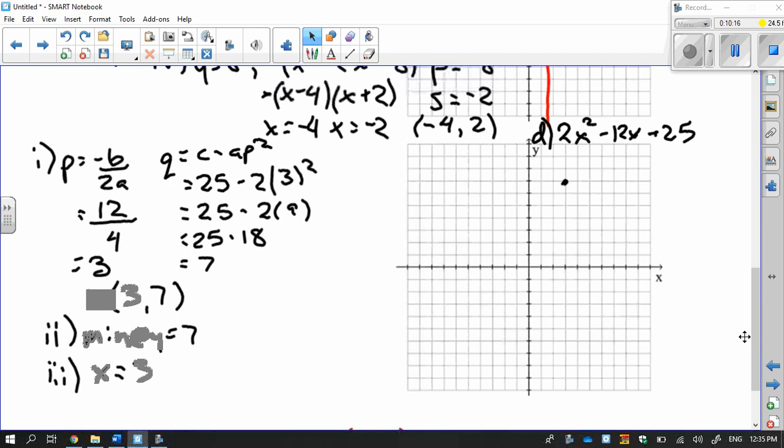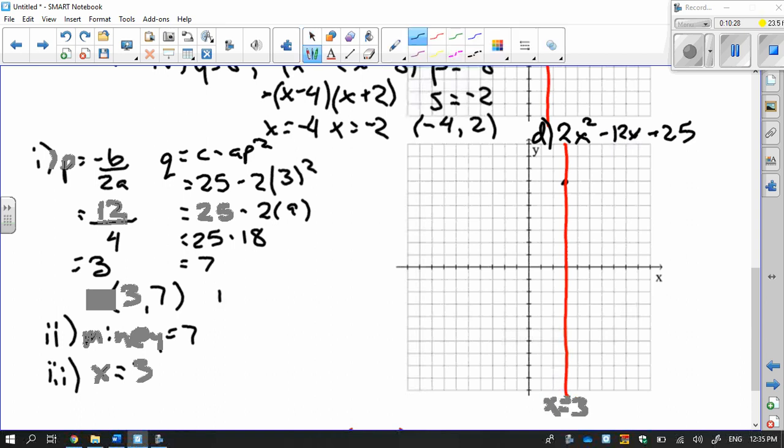Number 4, our y-intercept is 25. Now that's not super useful for what we're doing right now. We have no x-intercepts. So what we should do is a test point, kind of like we did last section. So for my test point, mine is going to be at x is equal to 4.